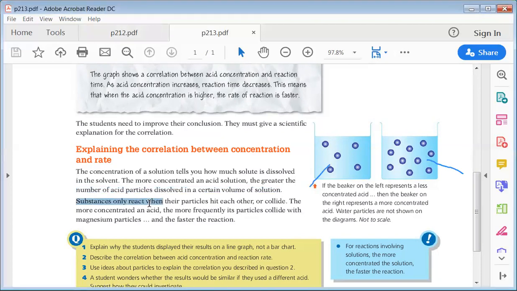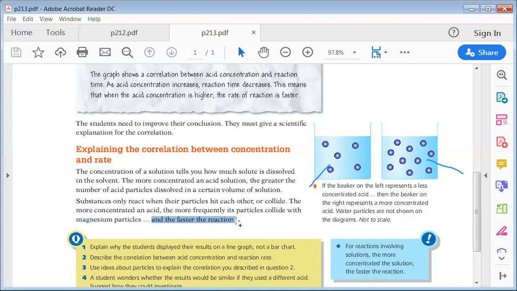Substances only react when their particles hit each other. So when they collide with each other, they will react and they will make a new substance. So the more concentrated the acid, the more frequently its particles collide with magnesium particles. So the faster the reaction.